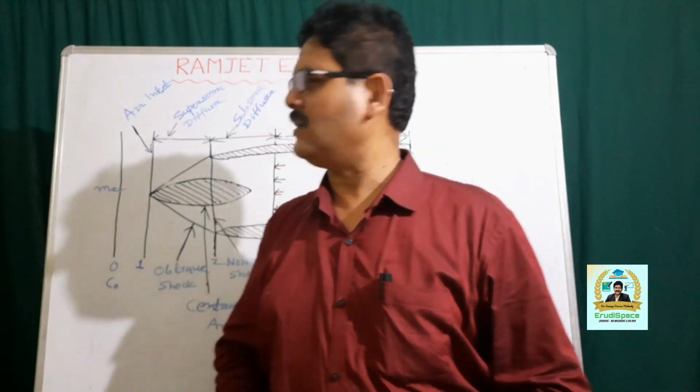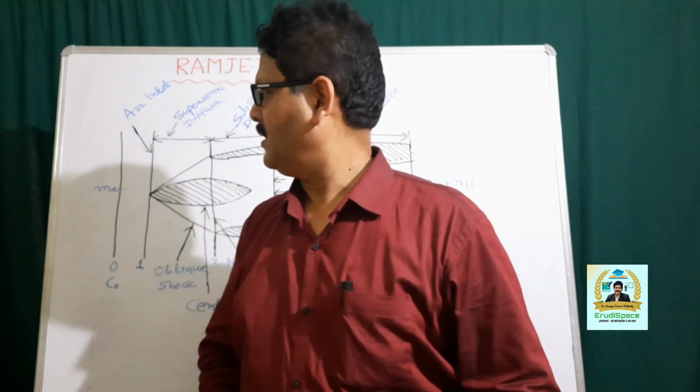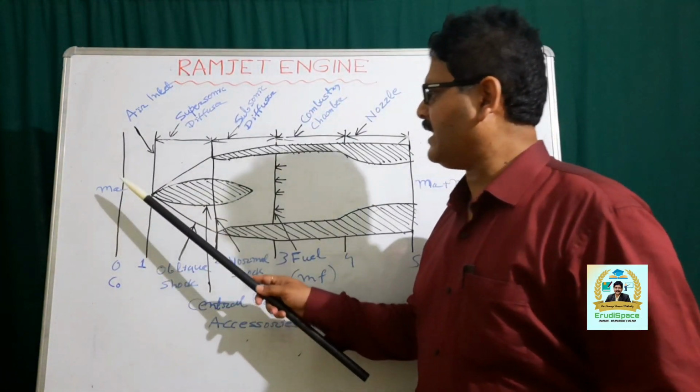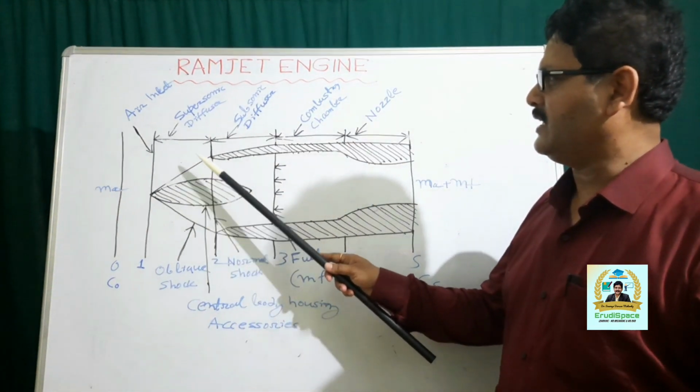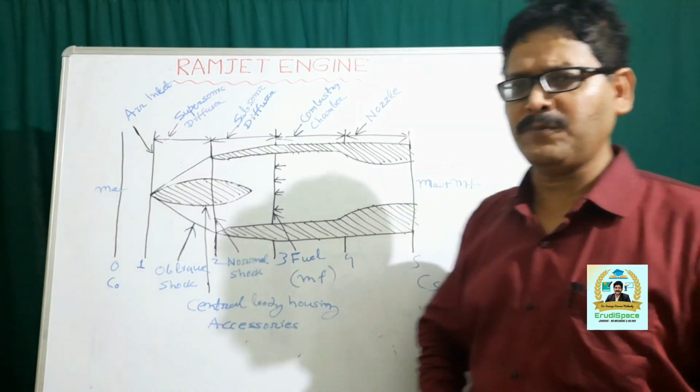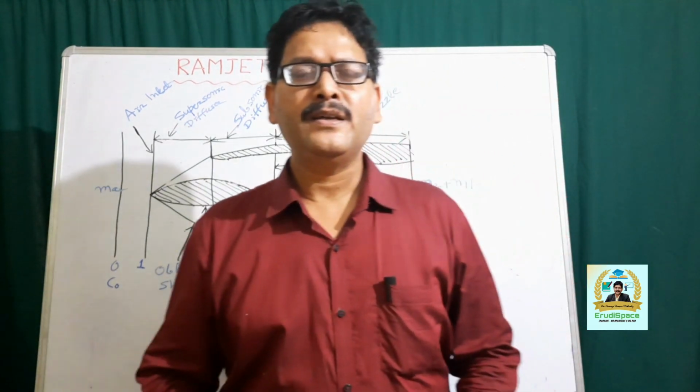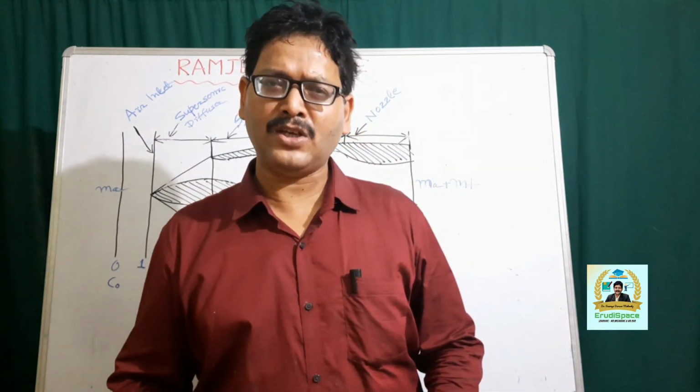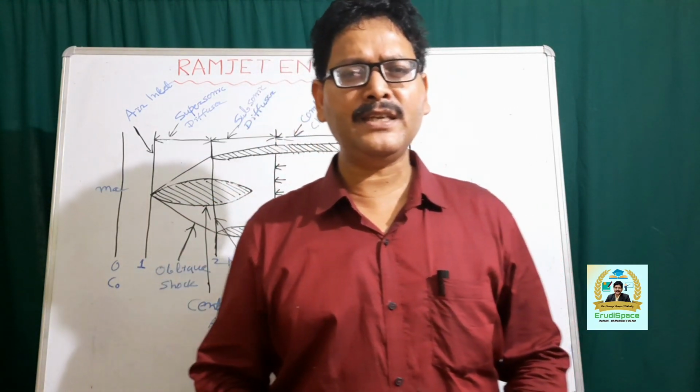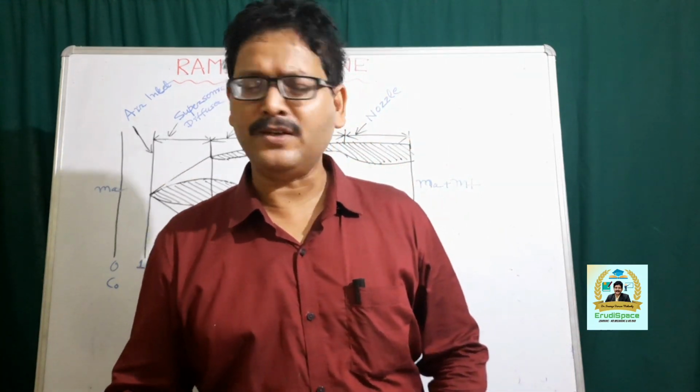So how does the system actually work? First, air at very high velocity enters the supersonic diffuser. A diffuser is a smoothly varying section where the kinetic energy is converted into pressure energy.